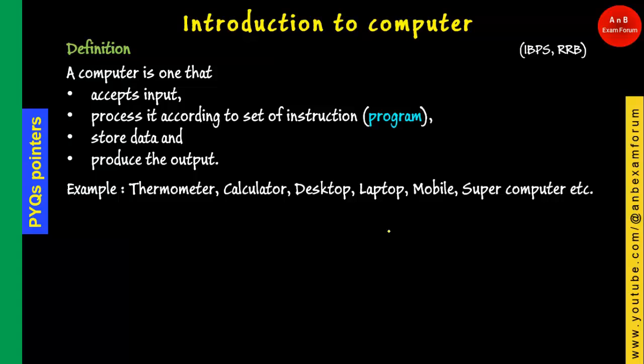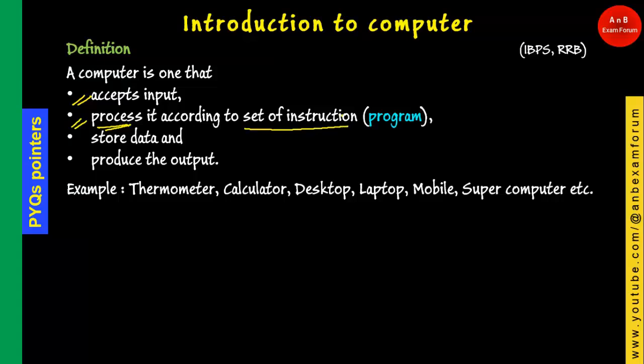Coming to the definition, which is commonly asked in the exam, and definition, as all of you know, is that it is basically one device that accepts the input. Okay, that we are going to see in detail afterward, and after taking input it will process it. How will it process it? According to a set of instructions.